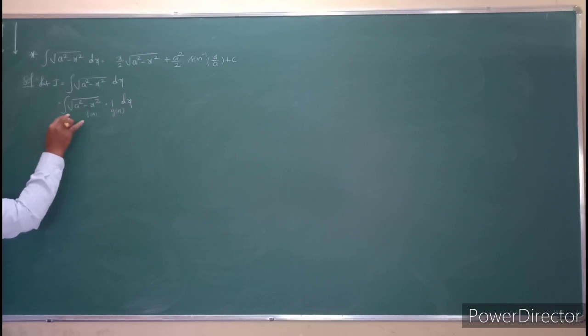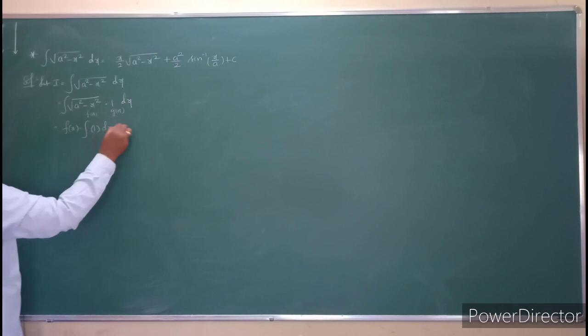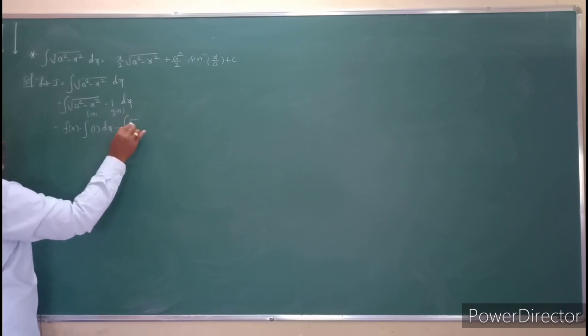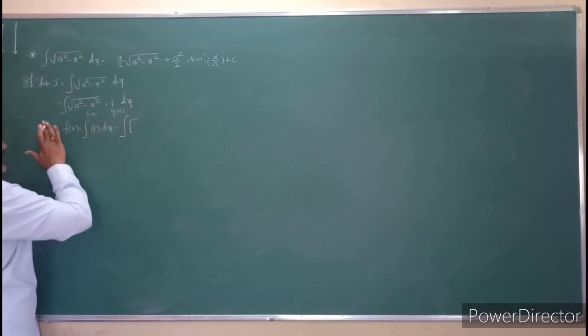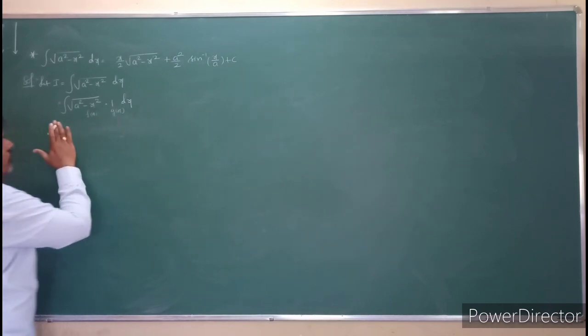The integral of f of x into g of x is f of x into integral of the second function, 1 into dx, minus integral of the derivative of the first function, so in the place of f of x we have to write that.